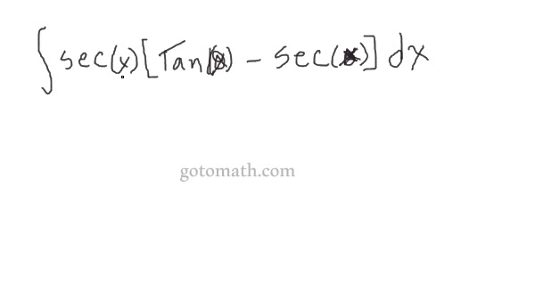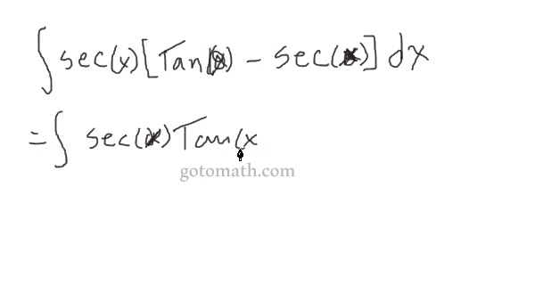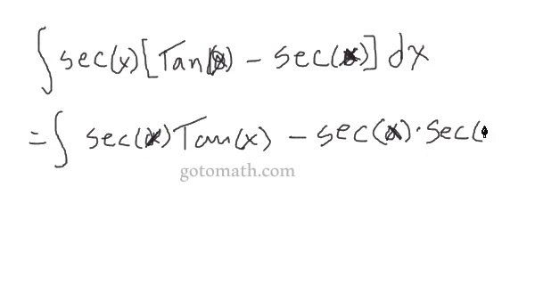So what we're going to need to do is distribute this secant x across. Alright, so I'm going to write an equal sign here. So we're going to have secant x times tan x, minus secant x times secant x.